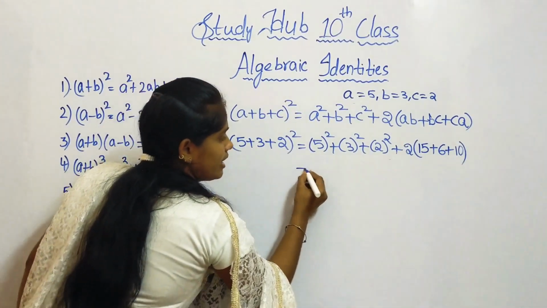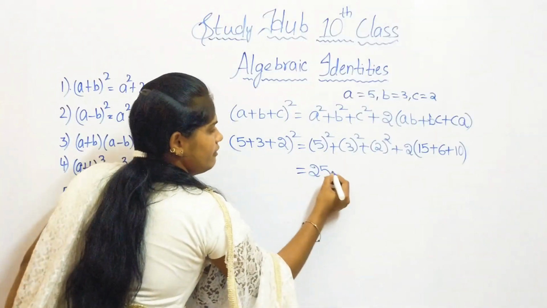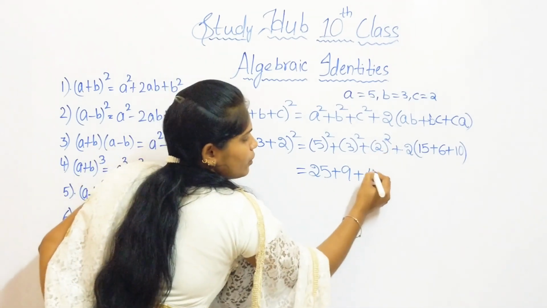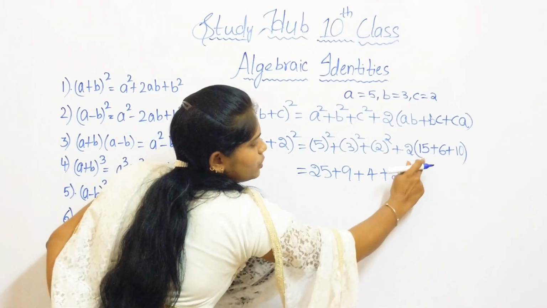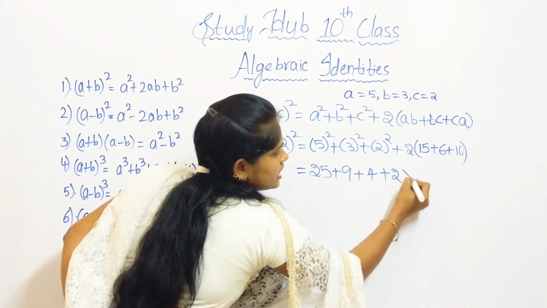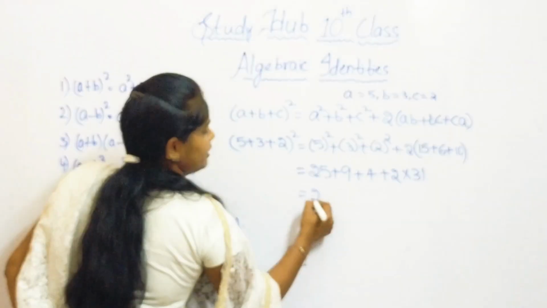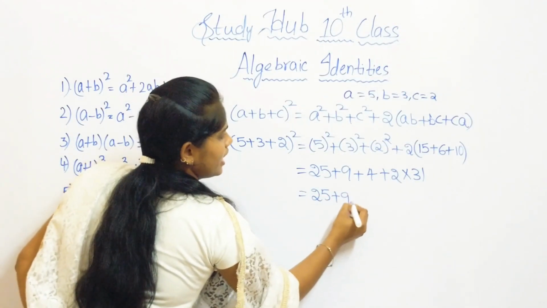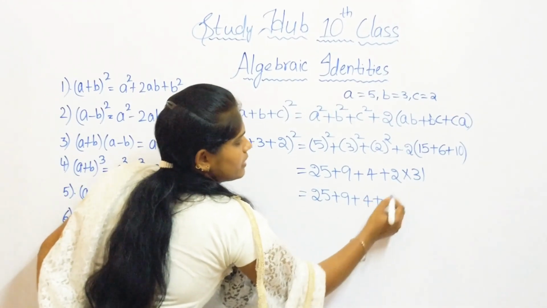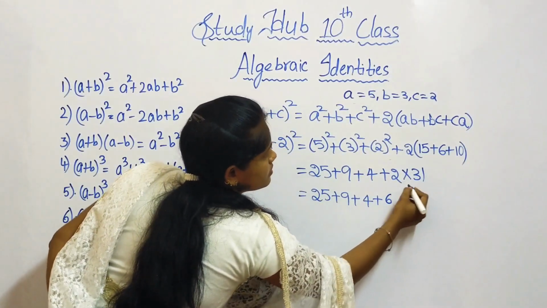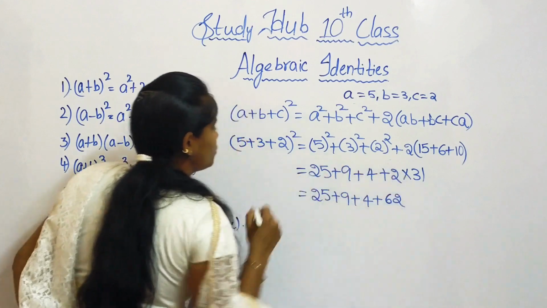So here 5 square is 25, 3 square is 9 and 2 square is 4 plus 2 into 31. 25 plus 9 plus 4 plus 31 2s are 62.